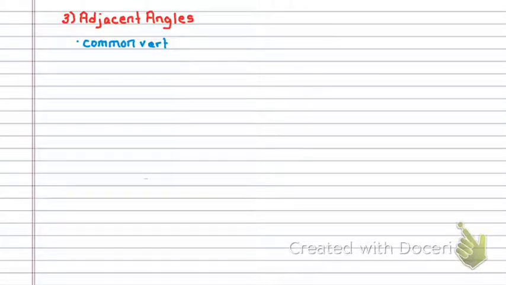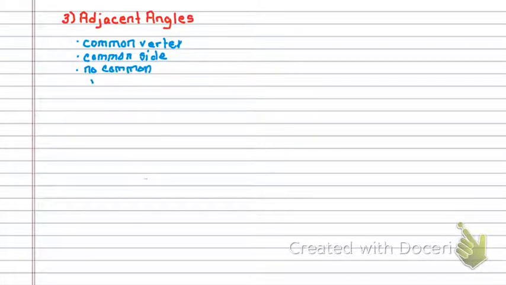They also have to have a common side. So a common vertex, they have to have a common side. And they cannot share, so they have no common interior points. So they can't share any interior points.